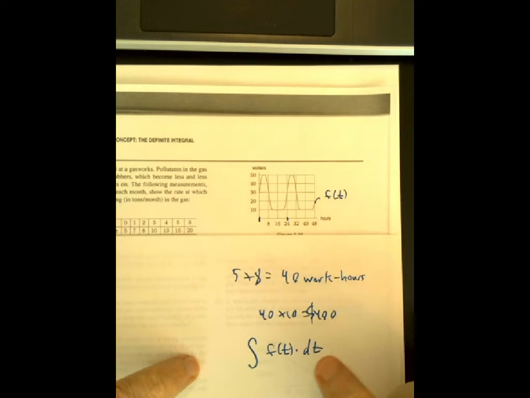That's what this integral shows us: number of workers times number of hours, so it gives us worker hours. Does that make sense? So what we have to do is get the area under this curve.